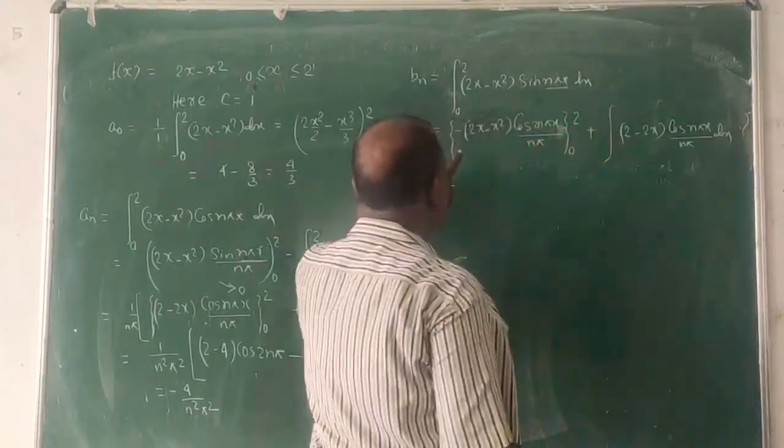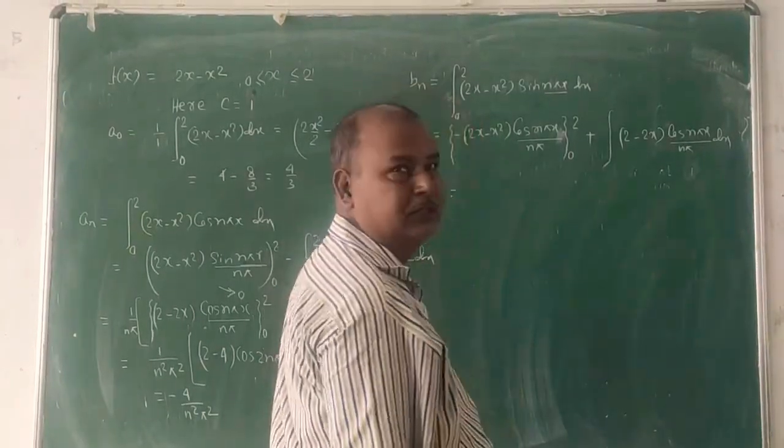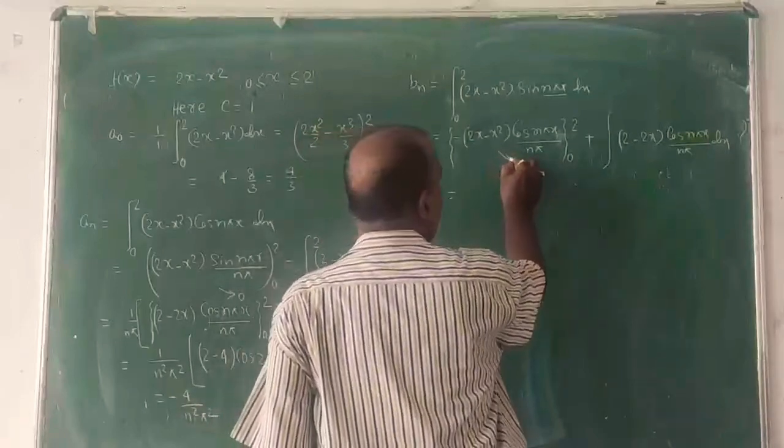So if you substitute 2 here, 4 minus 4 is 0. If you substitute 0, you are getting 0. So the first part is 0.